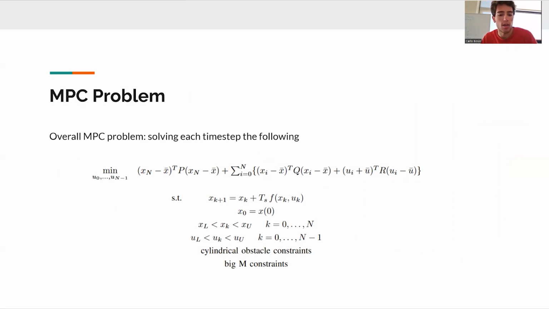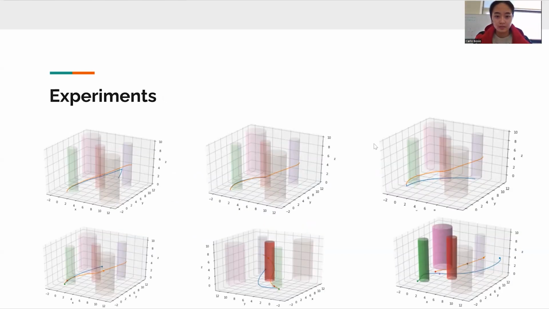We use nonlinear dynamics, which is adapted to the discrete model through Euler discretization. There are the initial conditions, state and input bounds, cylindrical obstacles, and the Big M constraints. Then we experimented with different ways of solving this MPC problem. For each of these trials, we tried changing the horizon length as well as some state and input constraints. Here are some examples.